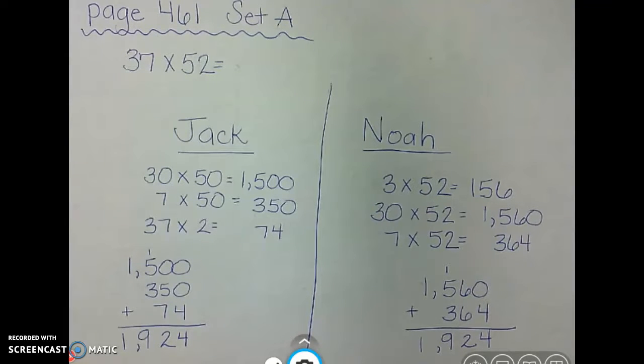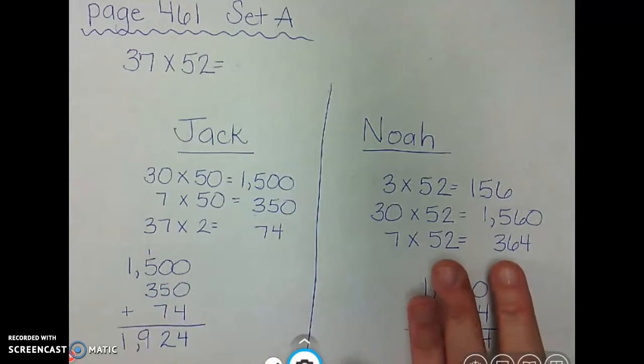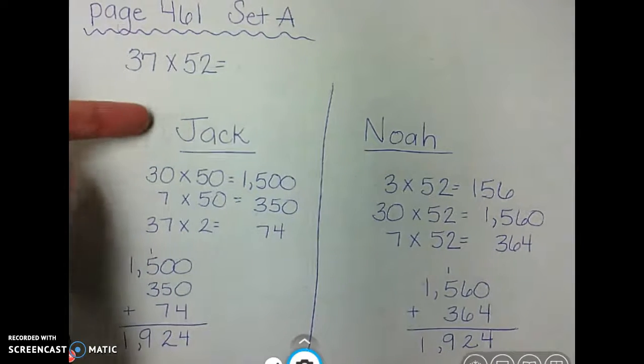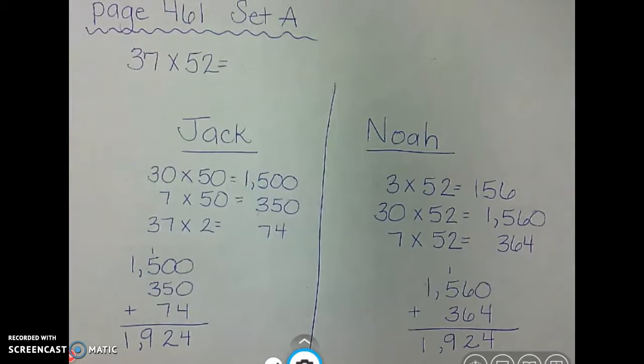So let's talk about Set A, and the problem that we want to solve is 37 times 52. I have shared two different ways that students have solved it using cluster problems. So let's focus on Jack first. Jack says, I use 30 times 50 because that equals 1,500.